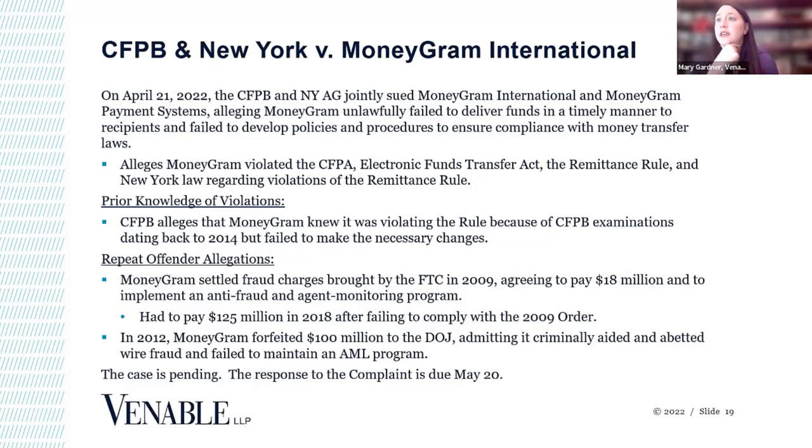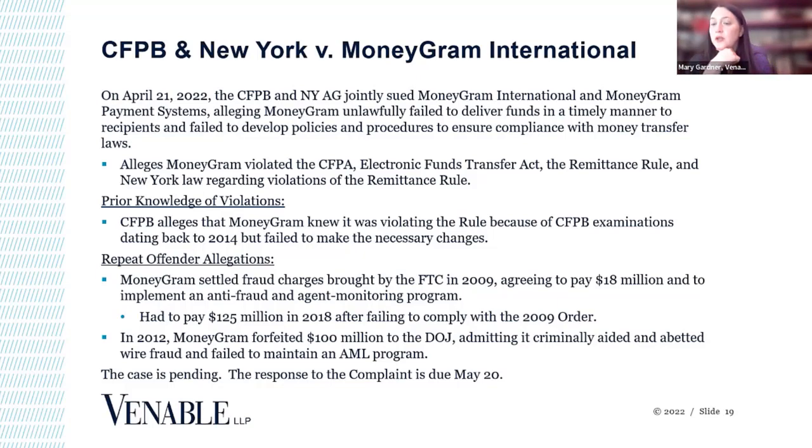The CFPB alleged that MoneyGram violated a host of consumer financial laws, including the CFPA, EFTA, the remittance rule, and the New York AG exercised its authority to bring an action to enjoin violations of federal law.